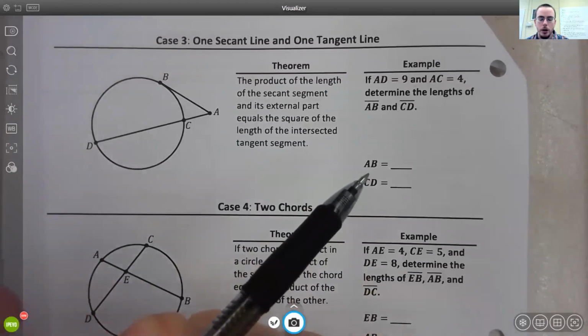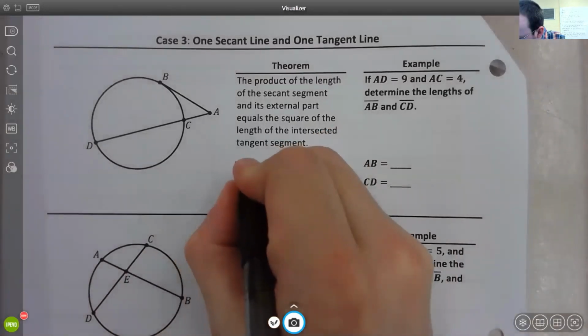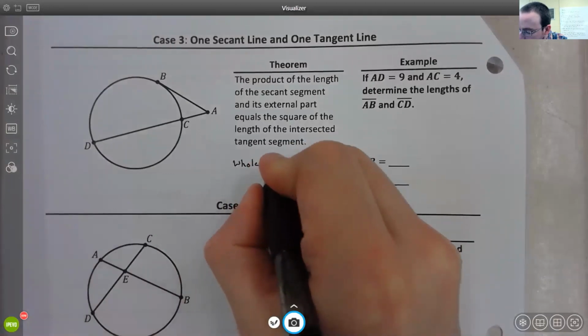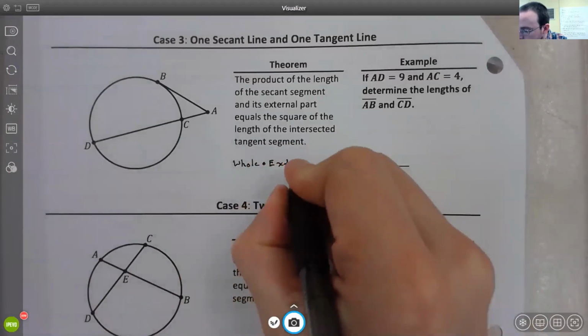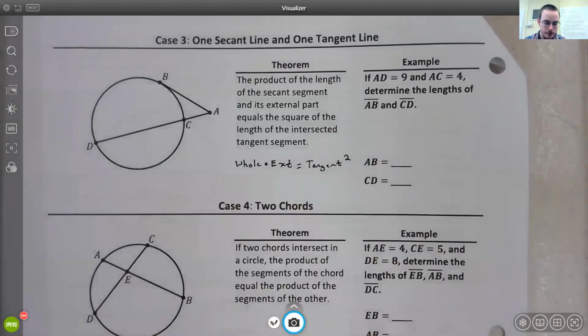And so in words, the whole secant segment times the external part is equal to the tangent part squared.